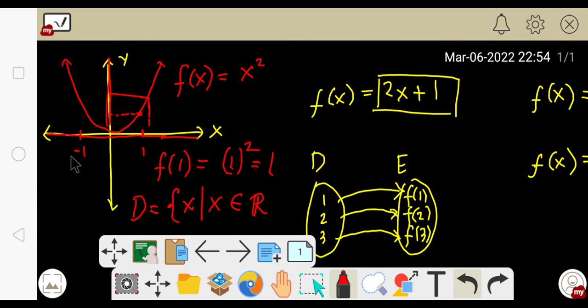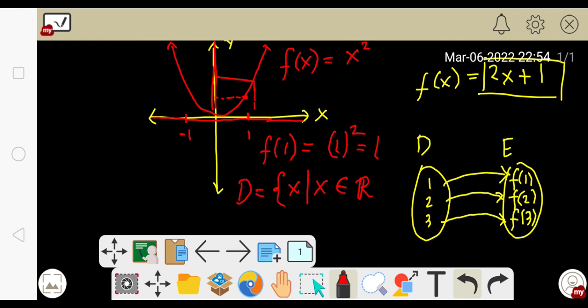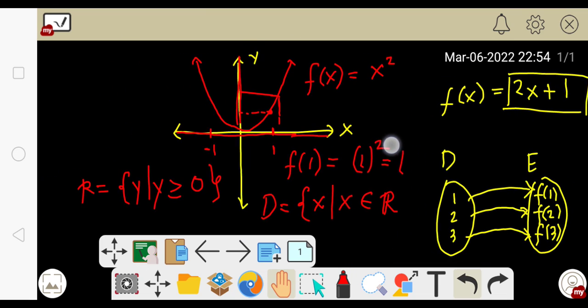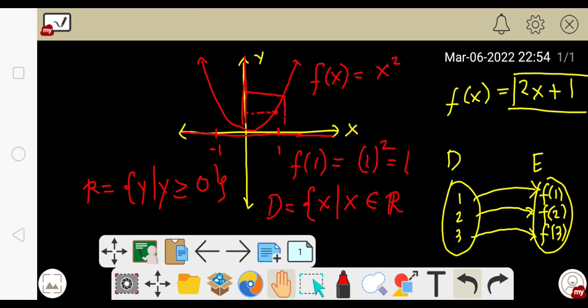Our range is just the set of y such that y is greater than or equal to 0, since the range is only defined whenever y is greater than or equal to 0. That's it.